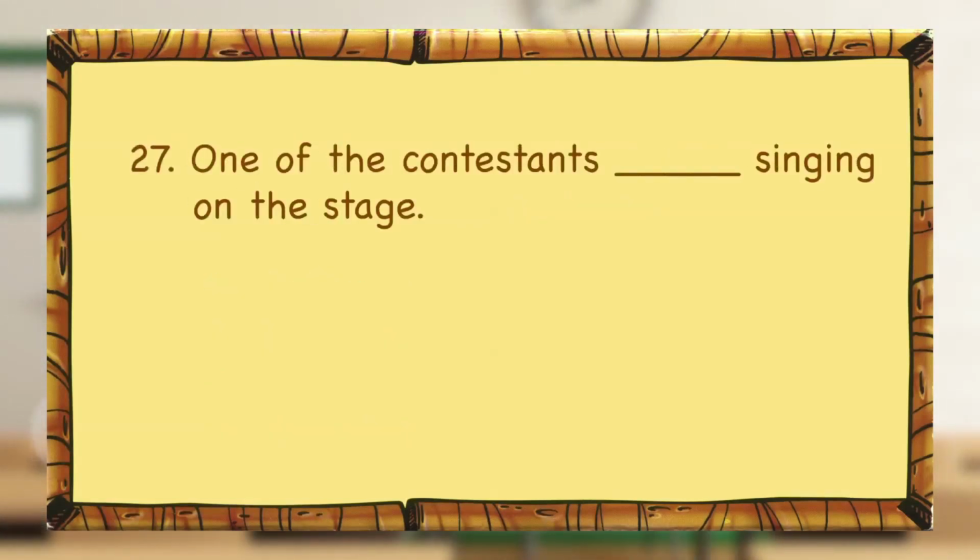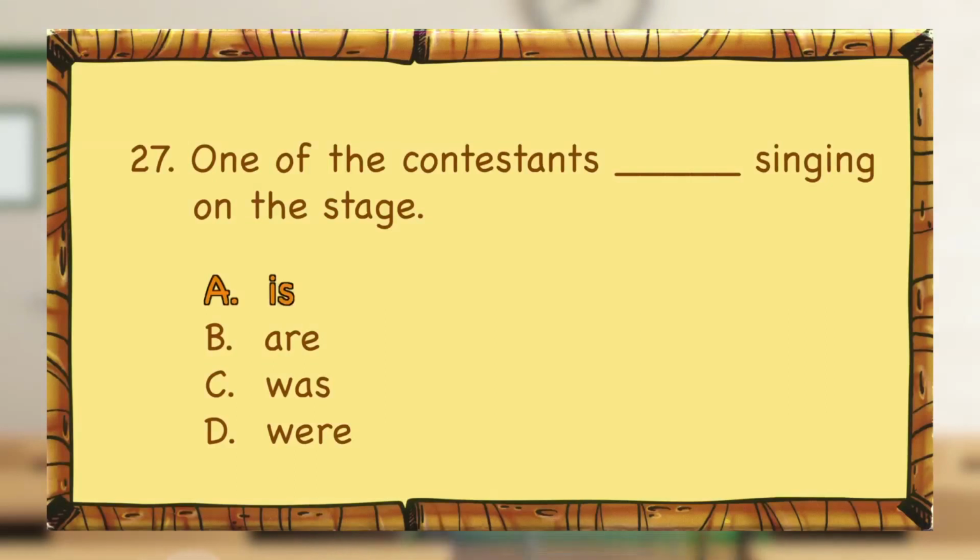Number 27. One of the contestants singing on the stage. The options given are A. Is, B. Are, C. Was, and D. Were. Since we've identified that this text is written in the past continuous tense, the right answer must be in the past tense.